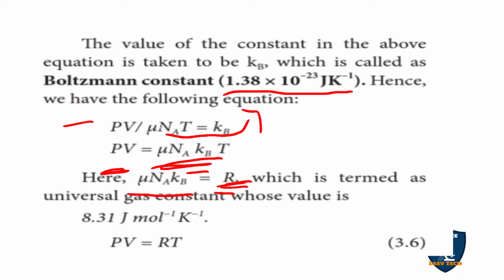Its value is 8.31 joule per mole per Kelvin. Now you can write it as PV is equal to RT. This is the ideal gas equation.